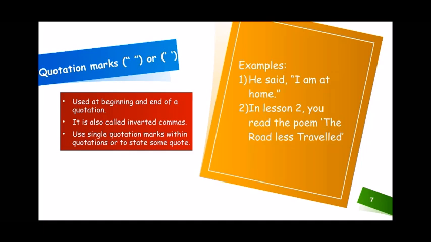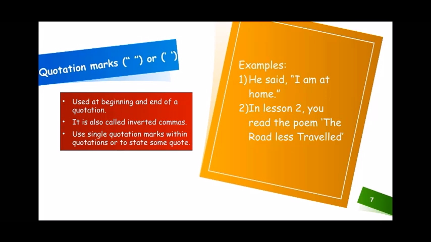Quotation marks. Quotation marks are used at the beginning and end of a quotation. Quotation marks are also called inverted commas. Use single quotation marks within quotations or to state some quote. So look at the examples that are given. The first example, he said, "I am at home."